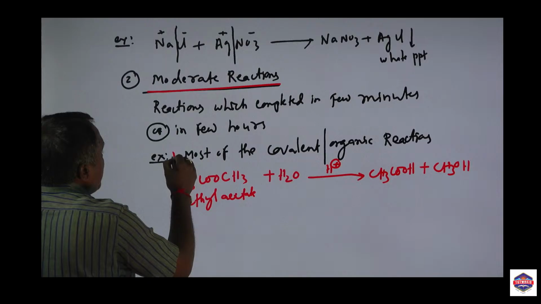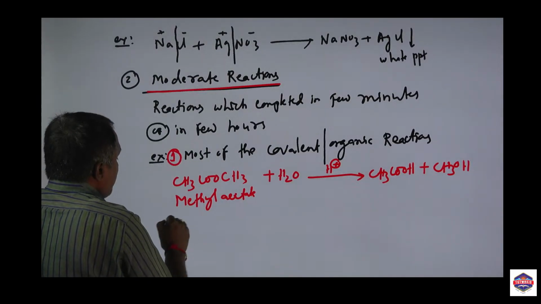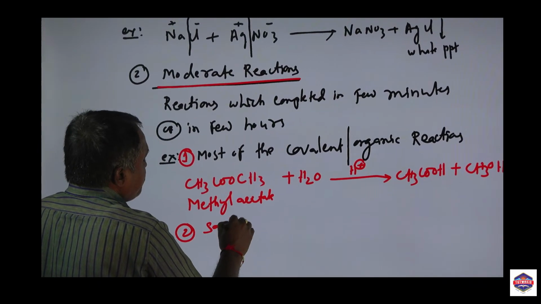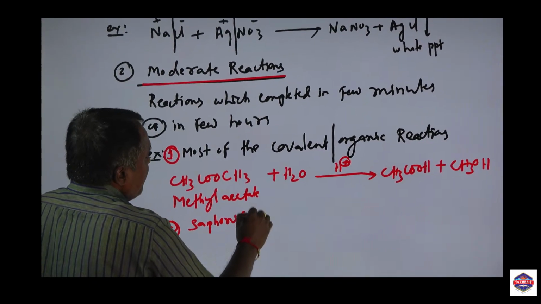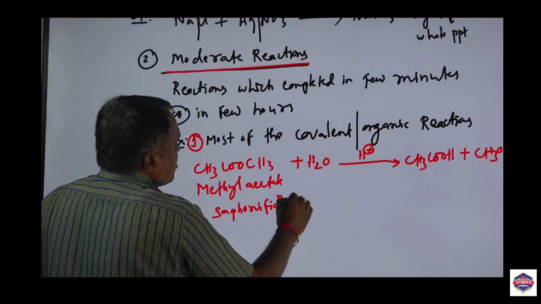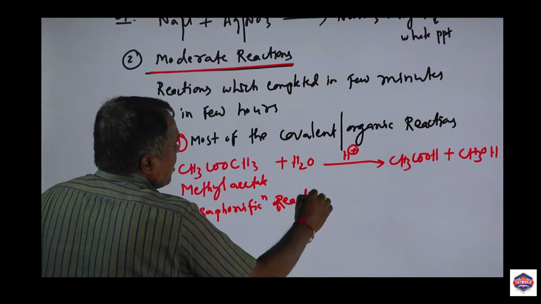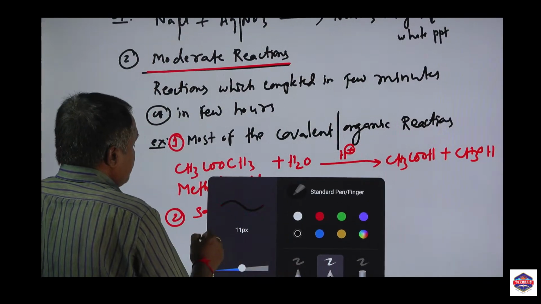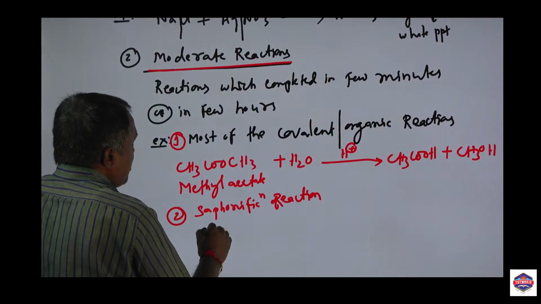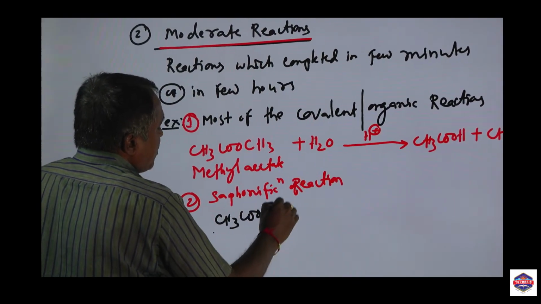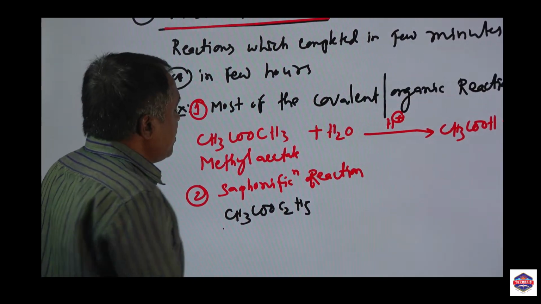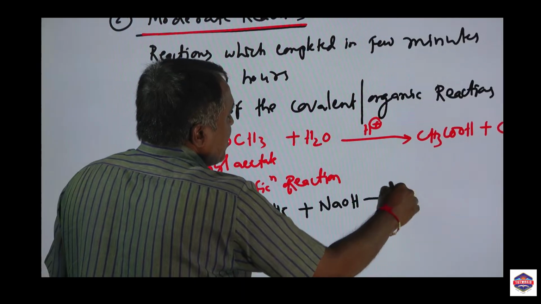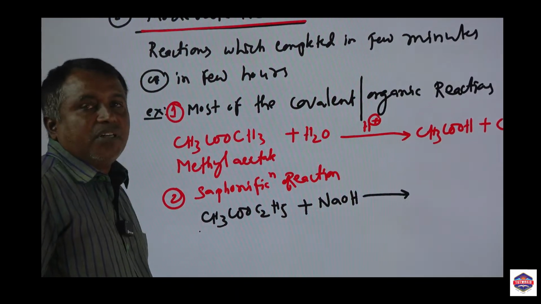And one more example, example number 2, is the saponification reaction. So what is a saponification reaction? For example, CH3COOC2H5, this is ethyl acetate. Upon reaction with sodium hydroxide, this is the base catalyzed hydrolysis of ethyl acetate.